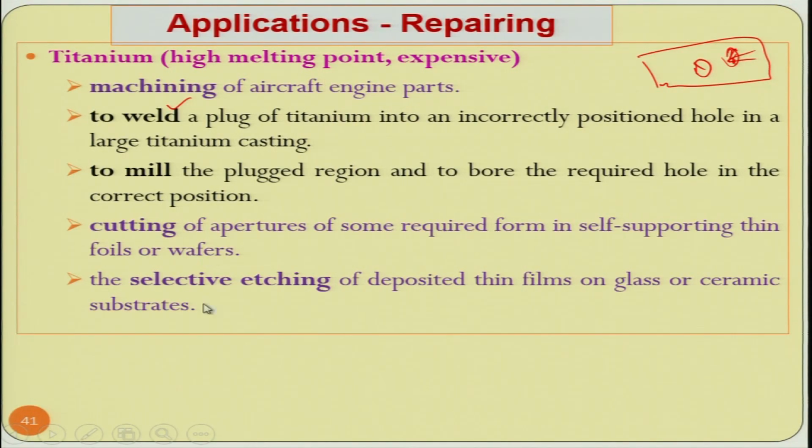Then you have the selective etching of deposited thin film on glass or ceramic substrate. Suppose you have deposited thin film over here, like this is the thin film that has been deposited over the glass. Then you can machine this thin film selectively with the help of electron beam micromachining.